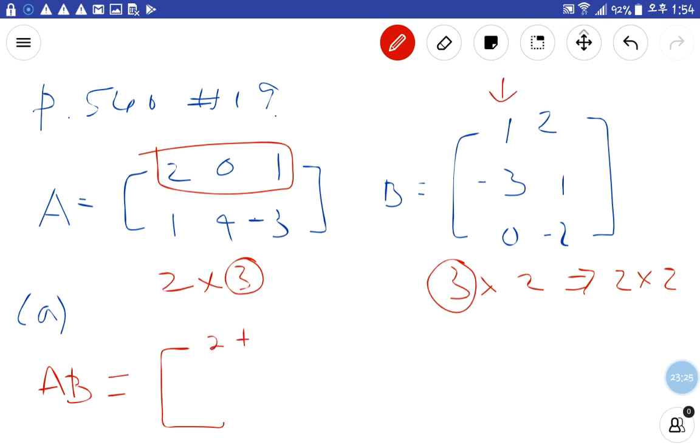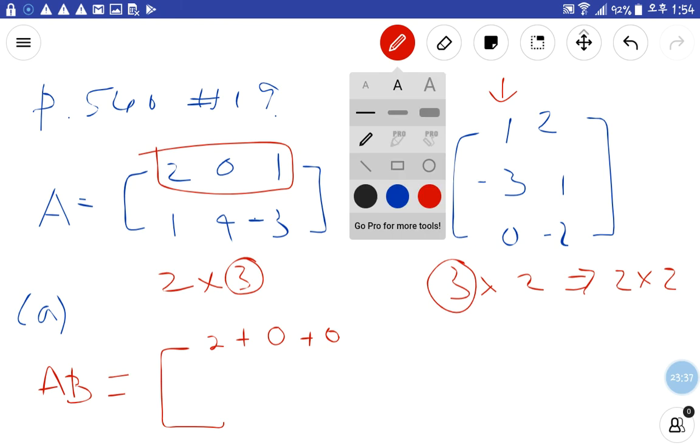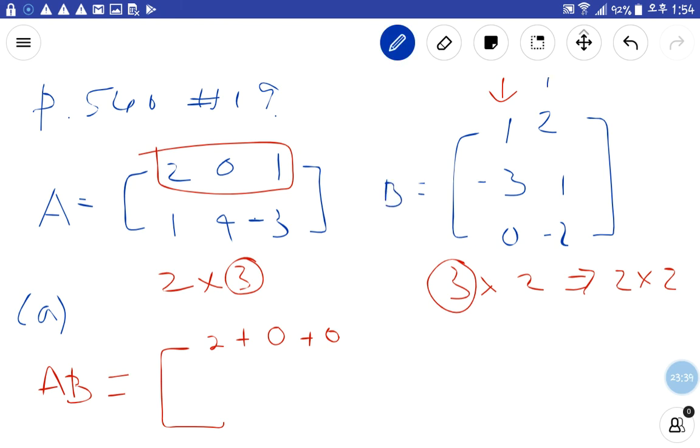Plus 0 times -3, 0. 1 times 0, which is 0. And my second one, C1,2, is going to be this same row and this column. 2 times 2, 4. 0 times 1, 0. 1 times -2, -2. Are you guys with me?